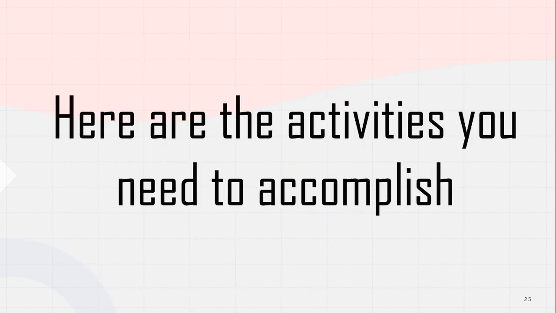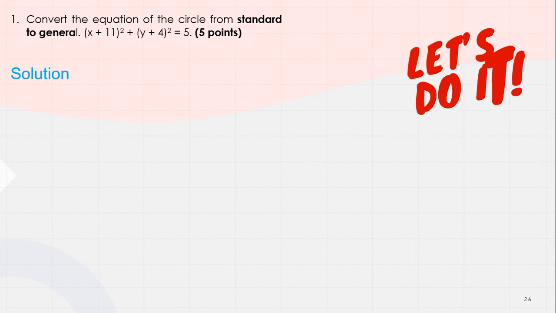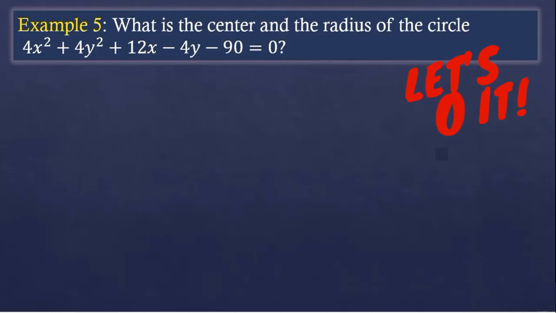Nasend ko na sa GC natin yung activities na sasagutan. Ito yung una, ito yung pangalawa, ito yung pangatlo. Itong example number 5, para mas madali kayo, i-divide nyo muna to sa 4.